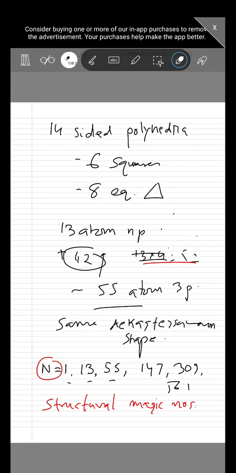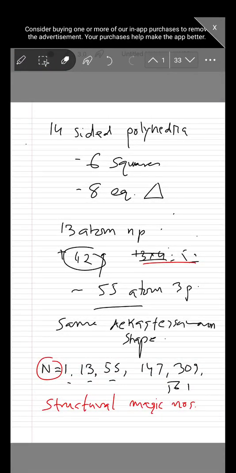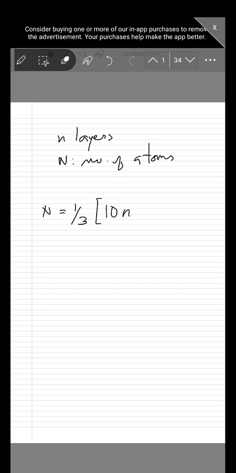So if we would like to have n layers, and if N is the number of atoms, then the relationship is N equal to 1/3 (10n^3 - 15n^2 + 11n - 3).